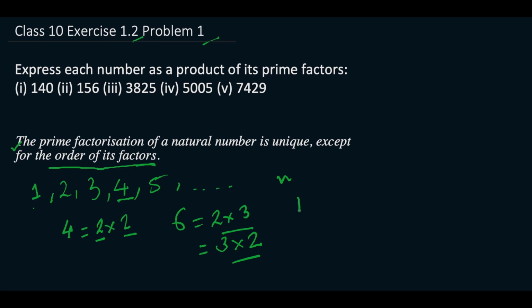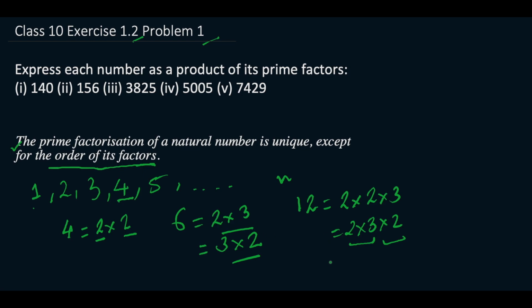Now let us take 12. What is the factorization? It is 4 into 3, which is nothing but 2 into 2 into 3. So if you write it as 2 into 3 into 2, it does not matter because the prime factorization is unique. Whatever you multiply here, you will get 12.